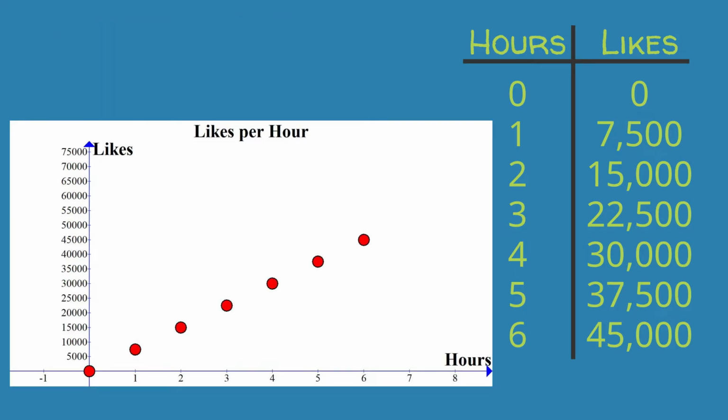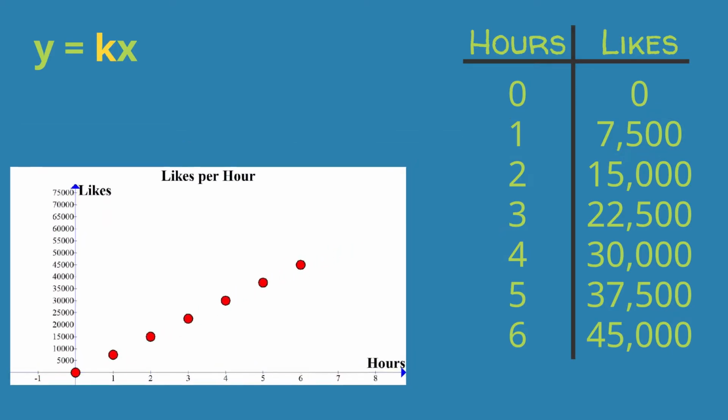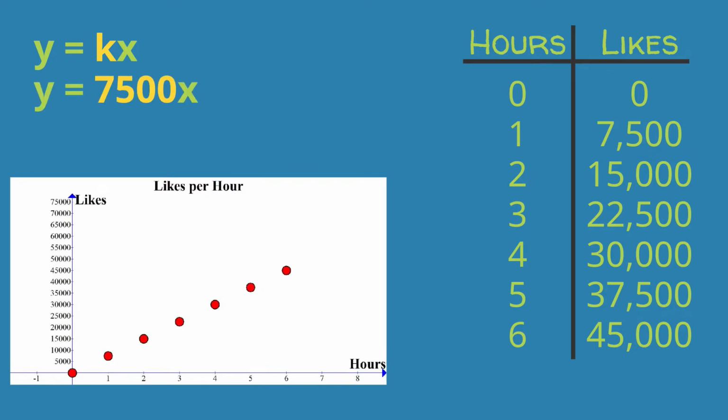For the equation, I start with the generic form y equals kx. The unit rate for this problem is 7,500 likes per hour, so this becomes the constant of proportionality. The equation becomes y equals 7,500x, with y representing the number of likes and x representing the number of hours since the marketing campaign began.